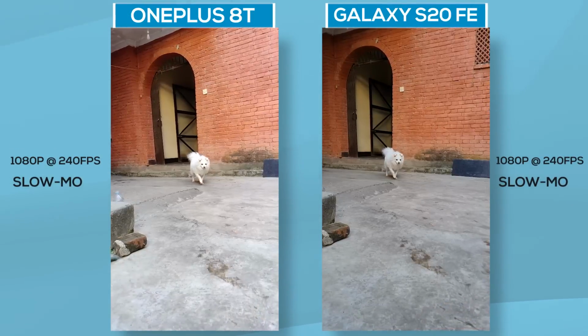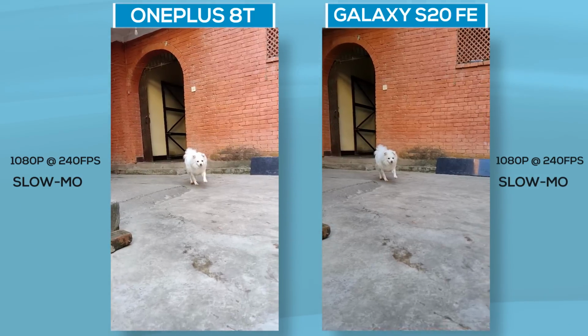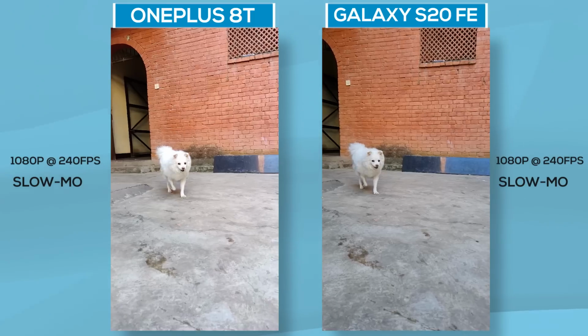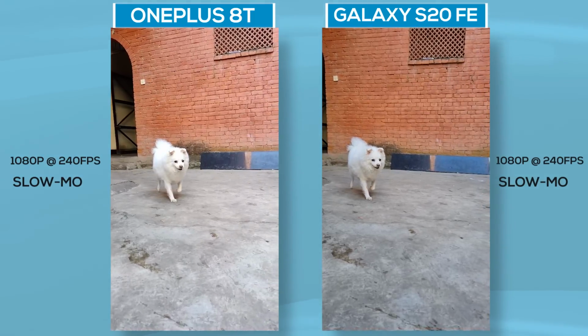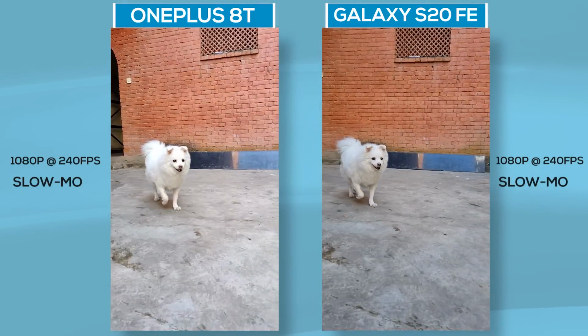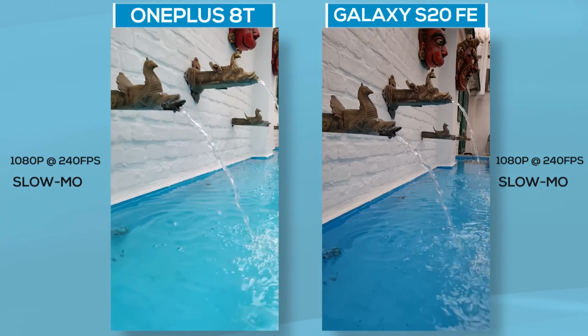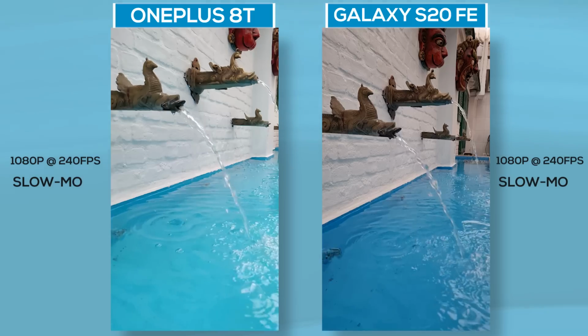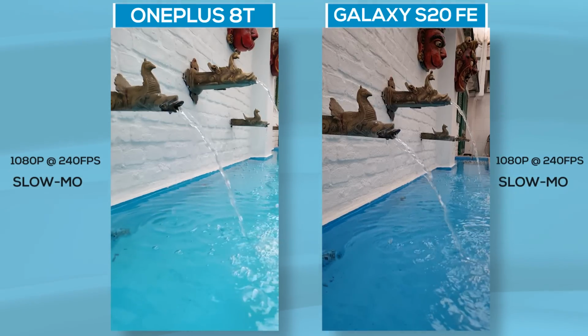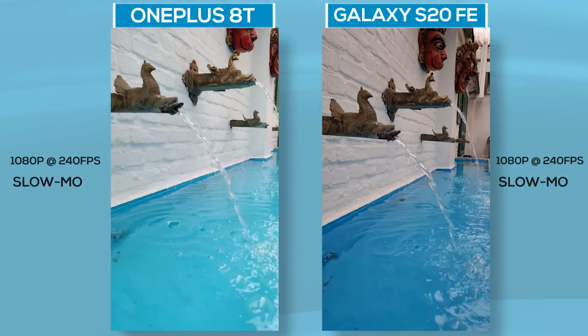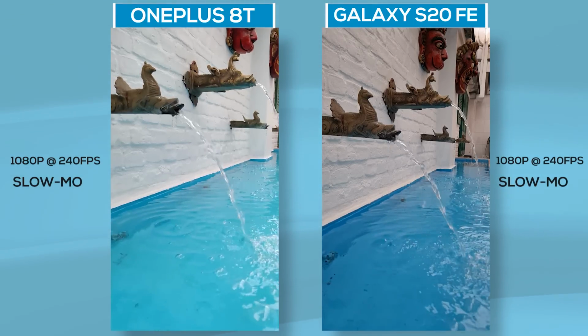On a similar note, we cannot forget that both of these cameras are capable of shooting slow-mo and super slow-mo videos as well. S20 FE and OnePlus 8T are capable of shooting slow-mo footage at 120 FPS in full HD resolution. In this footage, it's evident that the S20 FE slow-mo has better quality than the one from the 8T. OnePlus's videos are slightly washed out and muddy, while the S20 FE's look a bit better.